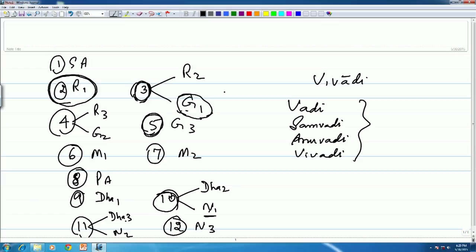This quartet is found in texts like Natya Shastra, and in today's parlance also in Hindustani music this quartet is actually used by musicians and musicologists. It's a part of pedagogy. In fact, how a raga is taught is also in terms of trying to understand what the Vadi, Samvadi are.